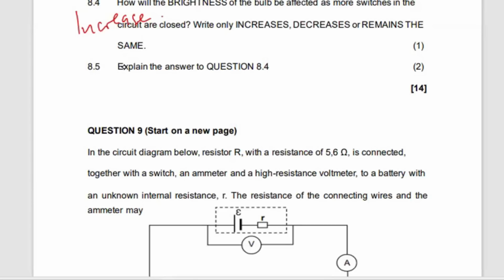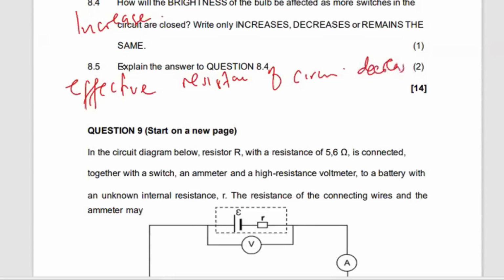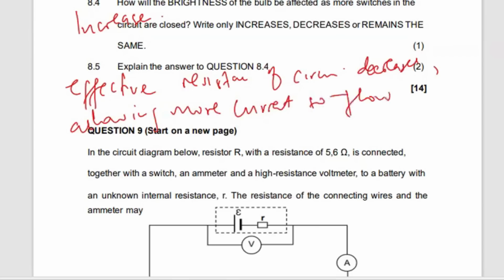The explanation will be the effective resistance of the circuit decreases, allowing more current to flow. That's the brightness. So when more current is flowing, there's more brightness.